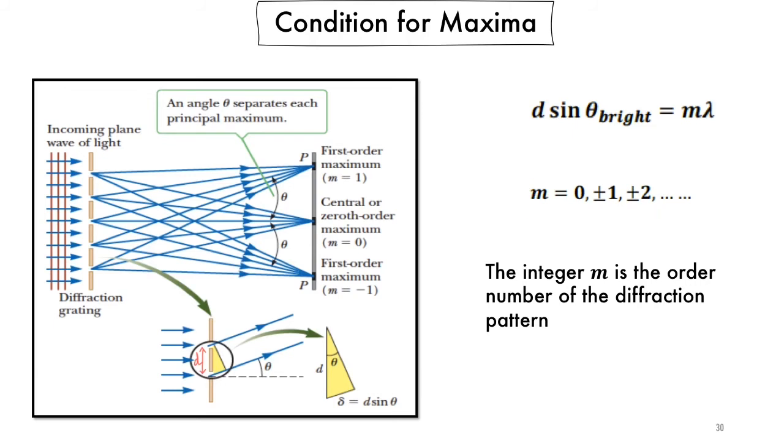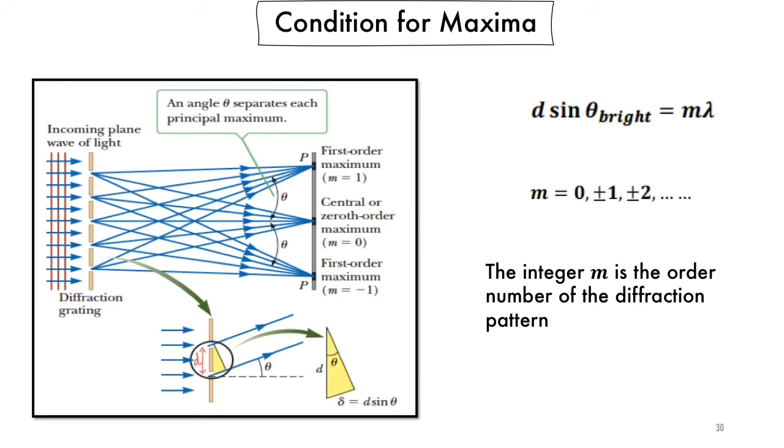This m gives us the order number of the diffraction pattern. If m is equal to 1, we call it the first order maxima. If m is equal to 0, it is called the 0th order or the central maxima. And as usual, in between, we expect the minima, or the destructive interference, to be formed.